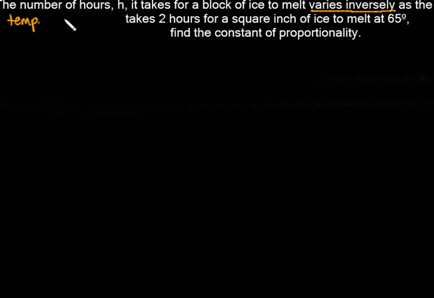If it takes 2 hours for a square inch of ice to melt at 65 degrees, find the constant of proportionality. All right, so we know that it varies inversely.